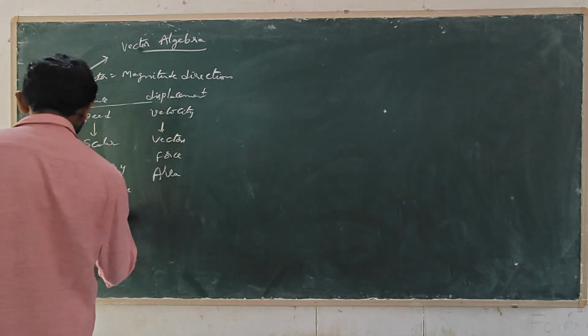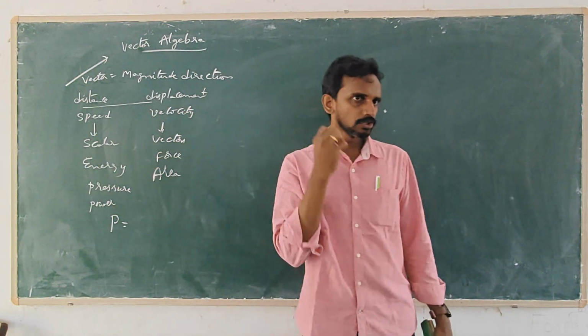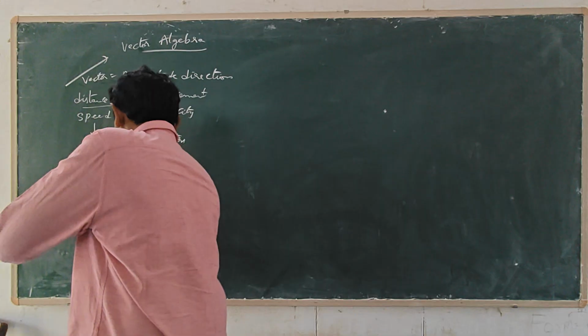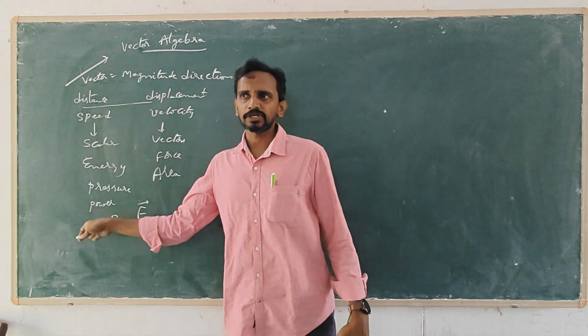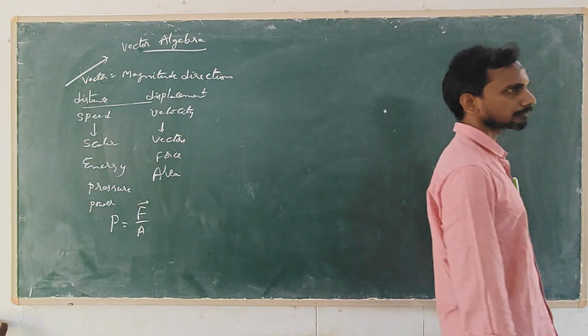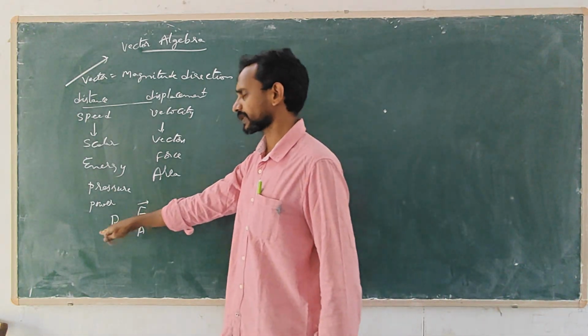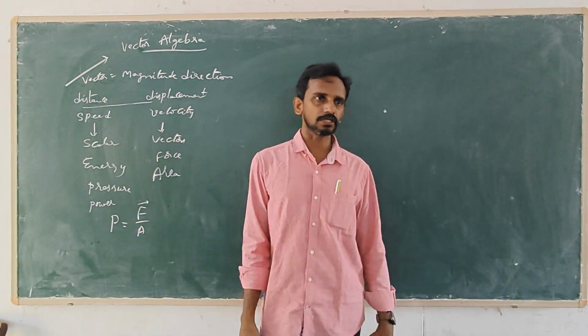Let's say the pressure equation, and what is pressure? Force per unit area, right? Here force is a vector and you are developing a scalar out of it. That means on one side there is a vector, on the other side there is a scalar. So somehow you have to convert this vector into a scalar.